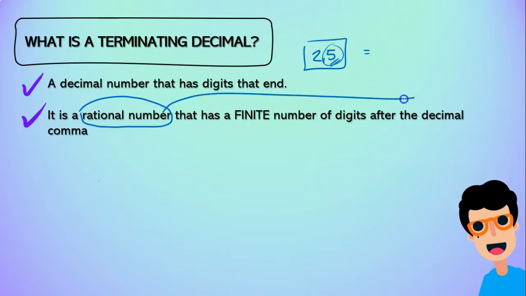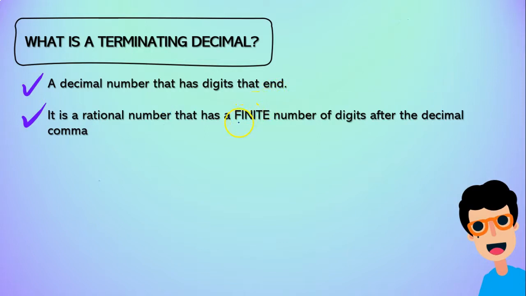Well, because it is a rational number, we know that it can be expressed as a fraction of two whole numbers. So 5 divided by 2. That is another tricky thing that people usually forget. So take that into account, guys. A rational number that has a finite number of digits after the decimal comma. It doesn't matter if it's 3 digits, it doesn't matter if it's 2 digits, or if it's 10. If the remainder at the end is 0, that's all that matters.